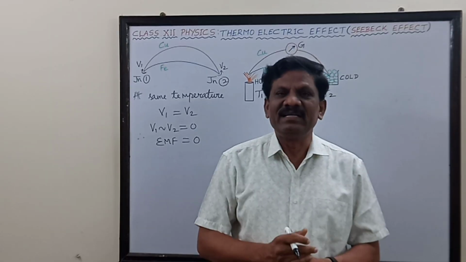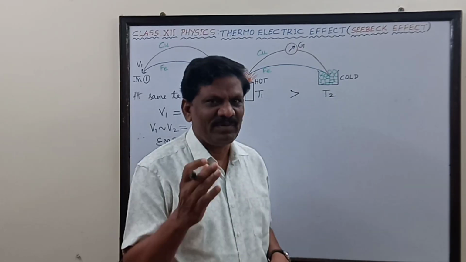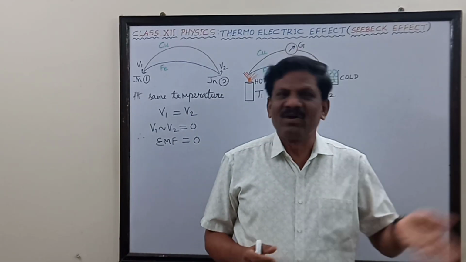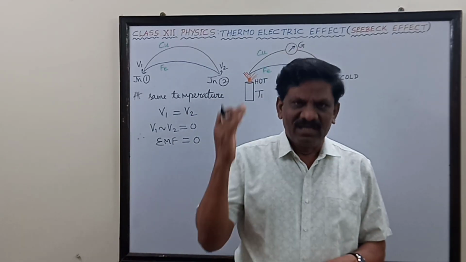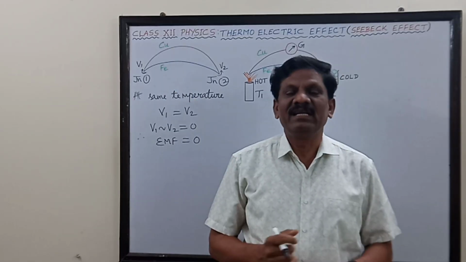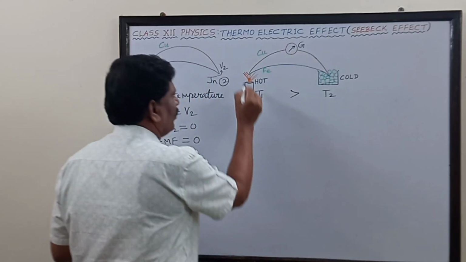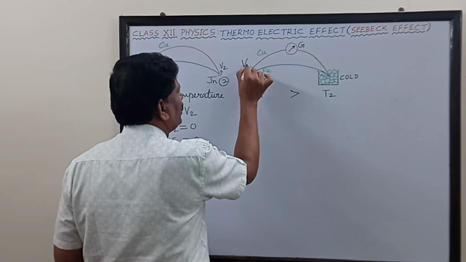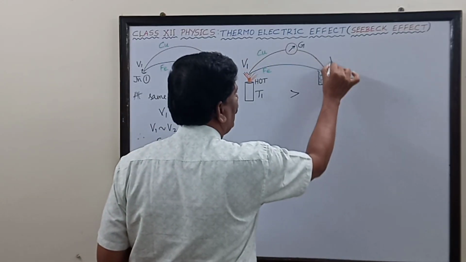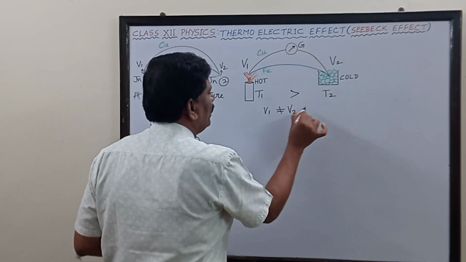But when you create a temperature difference across the two junctions, across one junction more electrons will migrate, and comparatively in the other junction fewer electrons will migrate. So now the junction potentials V1 and V2 are not equal.